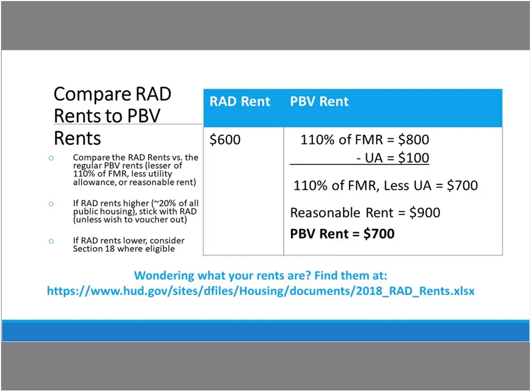Yeah, so a lot of our exception payment standard options work based on a small area within the Housing Authority's jurisdiction. So I would just take a look at 24 CFR 982.503 to see if Housing Authorities want to select a different payment standard for a specific area, not their entire jurisdiction.